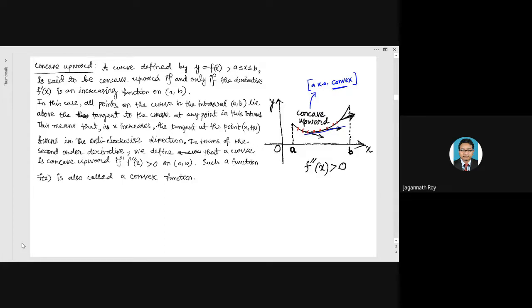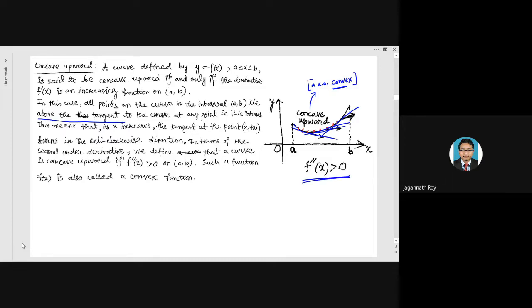So concave upward means that if you plot the tangent at any point, then the points of the curve will be above the tangent. All the points of the curve will be above the tangent. So that is the meaning of concave upward. And for this type of function, we will always have this relation satisfied.